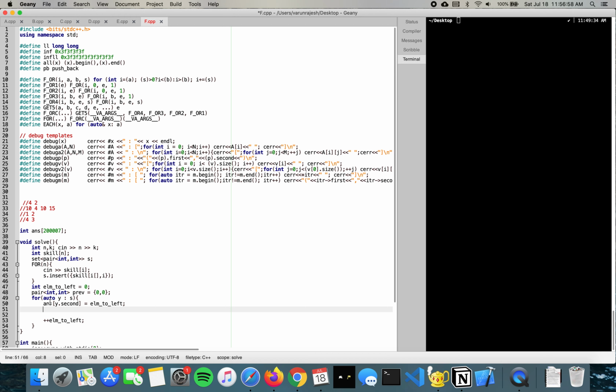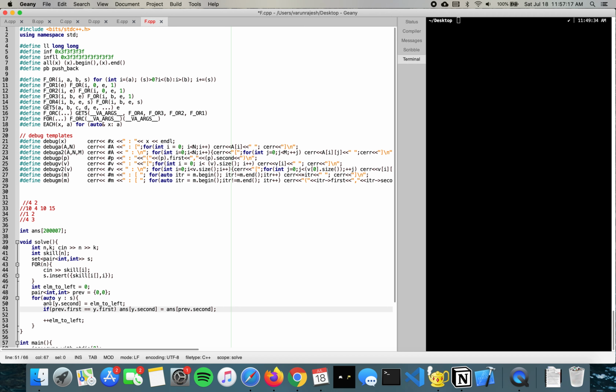However, we're going to check if there is a pair. So if previous dot first is equivalent to y dot first, then the answer of y dot second is equivalent to answer of previous dot second.